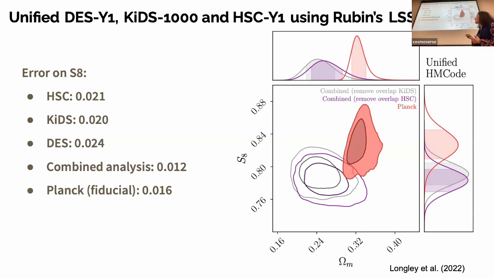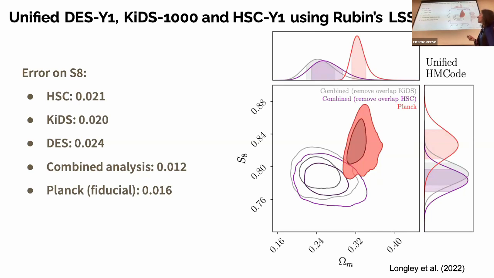And we're looking here at S8 and omega m. S8, if you remember, is a combination of sigma 8 and omega m. That's along the width of the banana. So the main result was how the error on S8 changes.